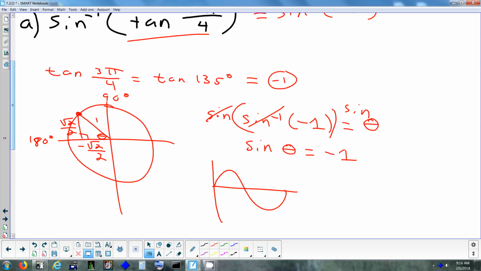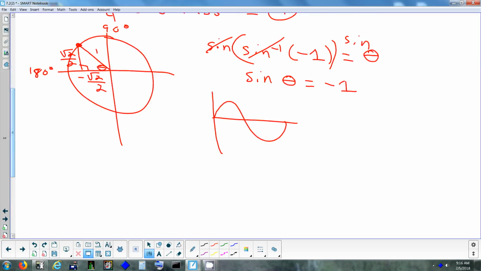Can you explain how you figured that out? The graph. You used the graph? Yeah. Okay. So negative 1 is right there. And what did you do? Well, I knew the graph peaked at intervals of 90 degrees. Right. So if you mark all the quarter points, the high and the low, they all occur at multiples of 90.